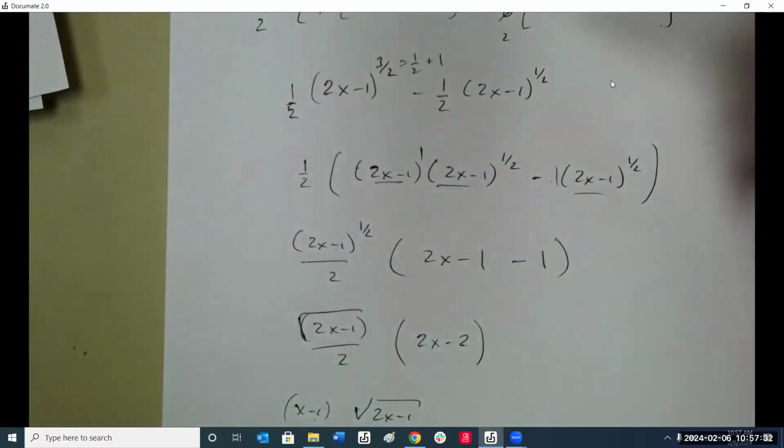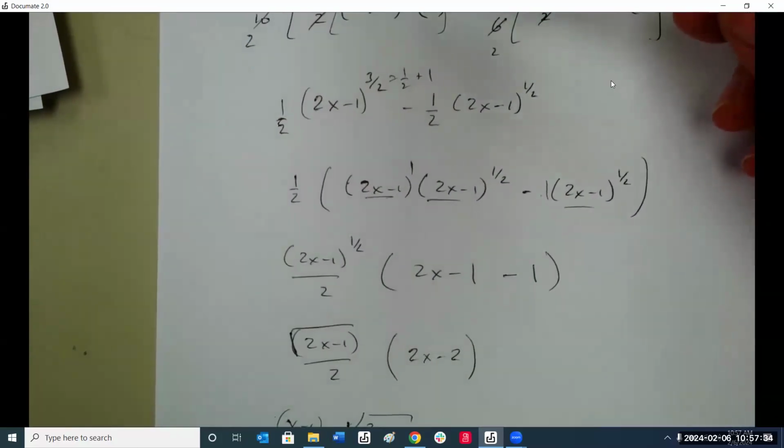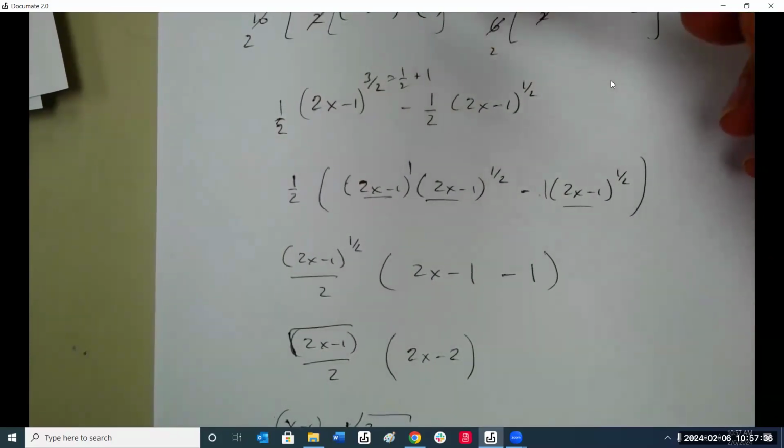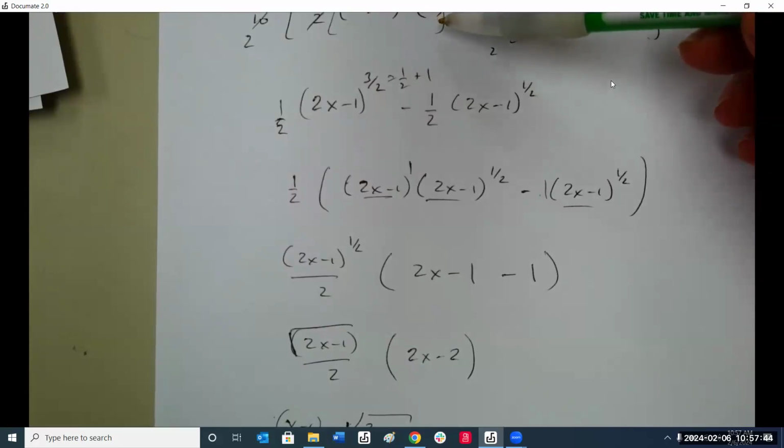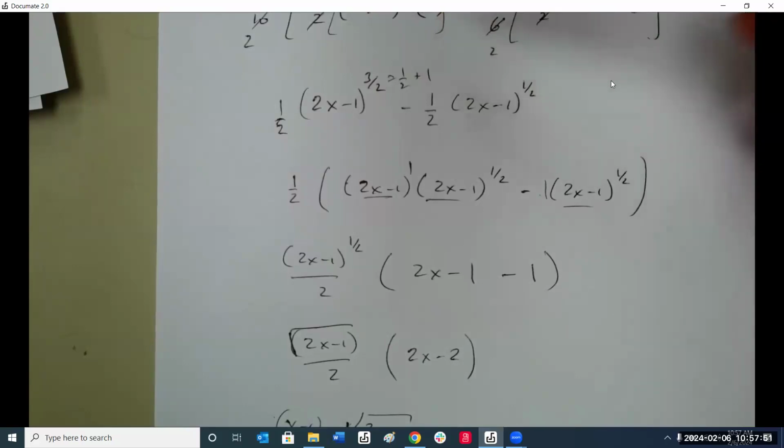Okay, where'd I go wrong? 10 goes out. 5 halves. It's 2 over 2 makes it 3 over 2. Six, so it's 3 over 2, 1 over 2. The 2's cancel.